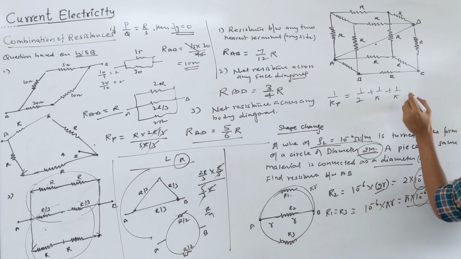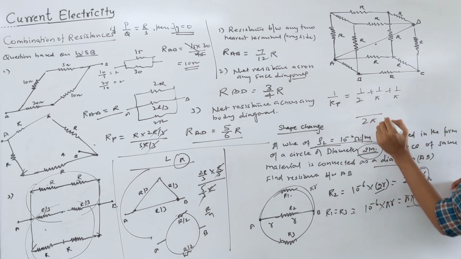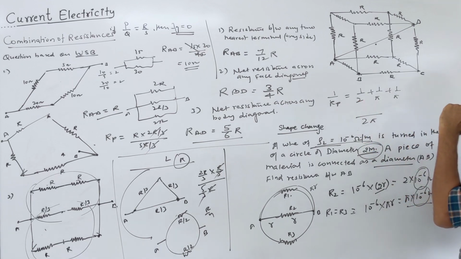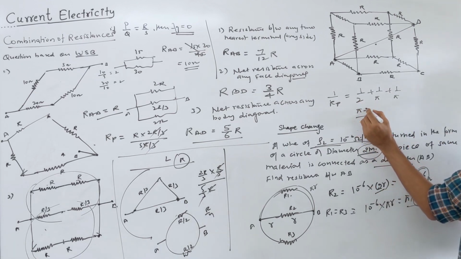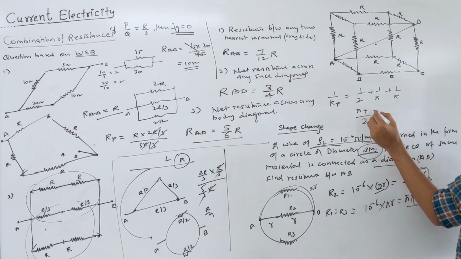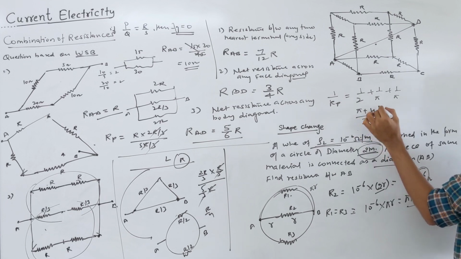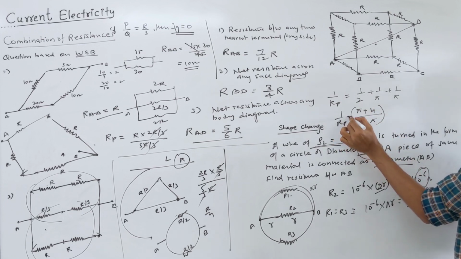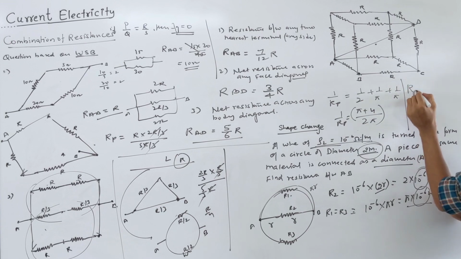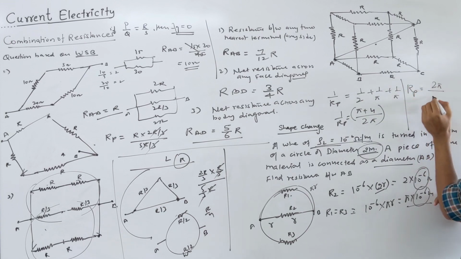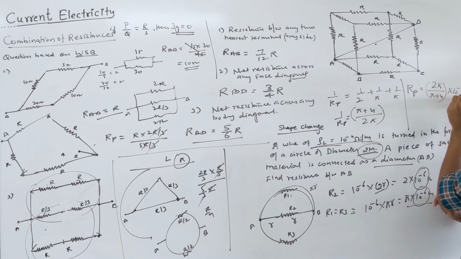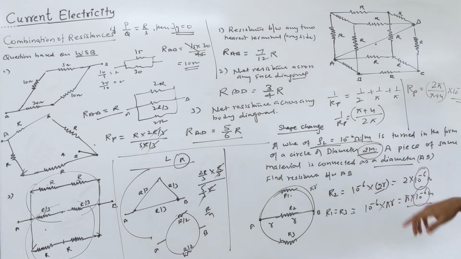So if you simplify this, you will get 2 pi, you take the LCM, right? 2 goes 1 time, pi remaining. Pi goes on remaining 2 plus 2 becomes 4, right? Okay, this much 1 by Rp. So what is the final answer? Rp is 2 pi upon pi plus 4 into 10 power minus 6 ohm. Correct? 10 power minus 6 I am putting at the end.